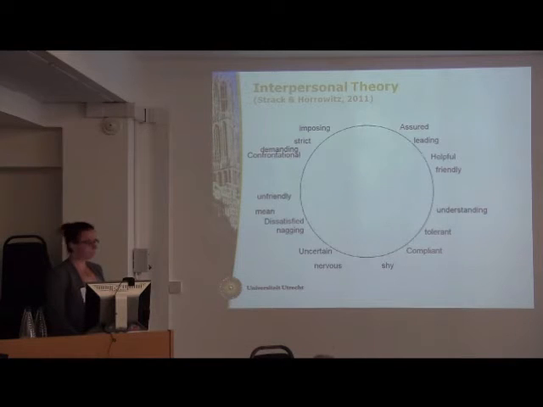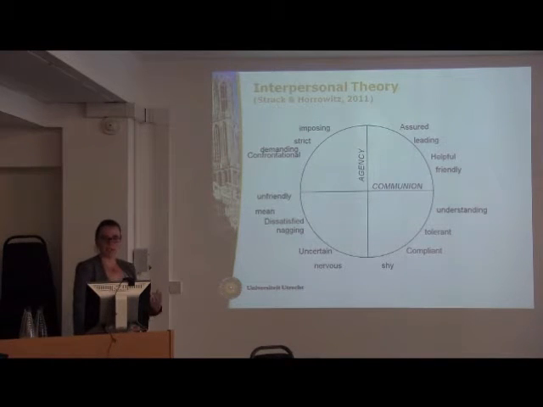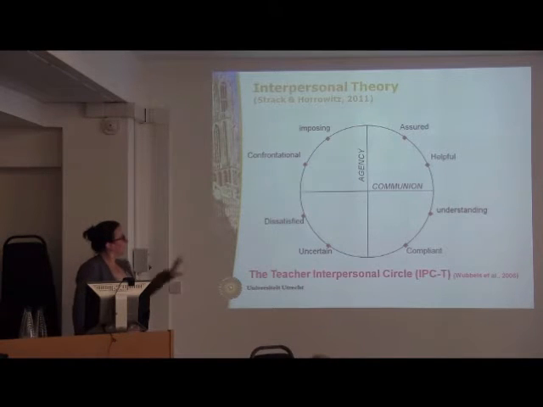Underlying these behaviors are two dimensions, agency and communion. Agency is the level of control someone shows. Some people say it's dominance versus submission. Communion is the level of friendliness someone shows in their behavior, hostility versus friendliness.